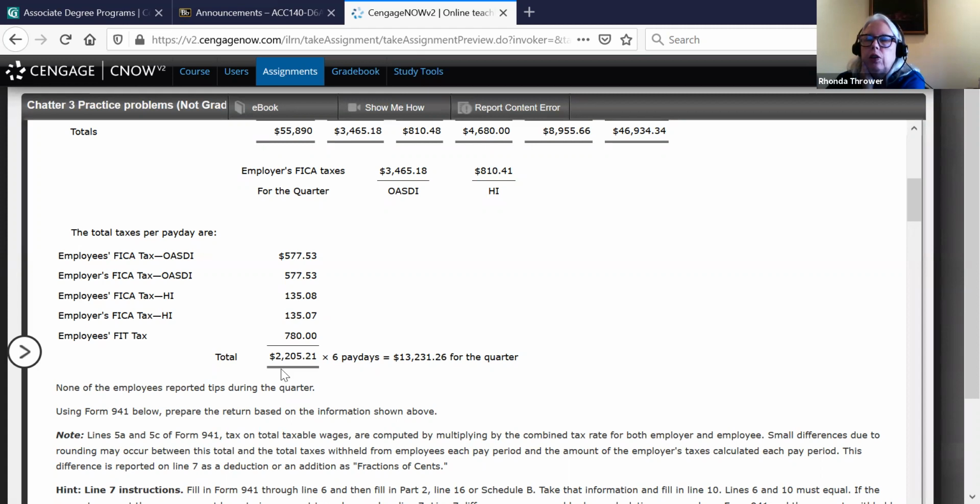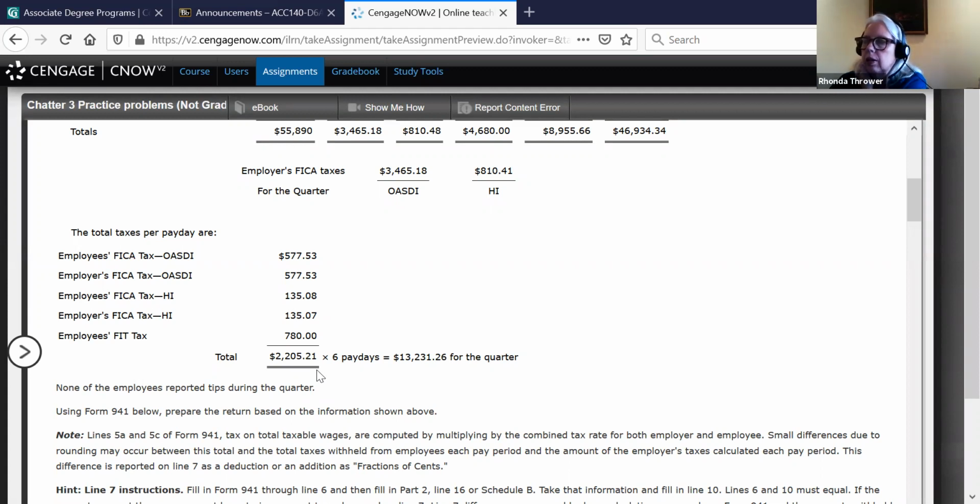Because we're figuring this for a month, and these employees are paid semi-monthly or twice a month, we need to multiply this $2,205.21 by 2. So put in 2,205.21 in your calculator and multiply it by 2 pay periods.